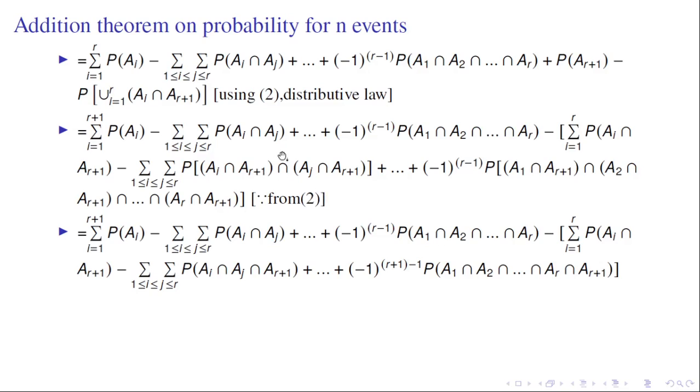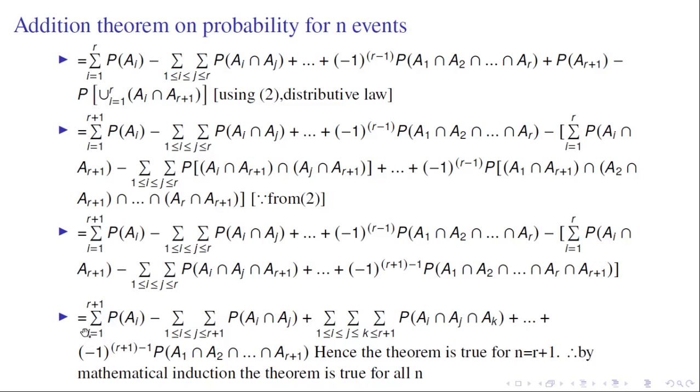Instead of the second terms, up to r plus 1 we have these intersections, minus, r plus 1 minus 1, we have up to r plus 1 minus 1 power r plus 1 minus 1. This is the last term, intersection terms up to r plus 1.